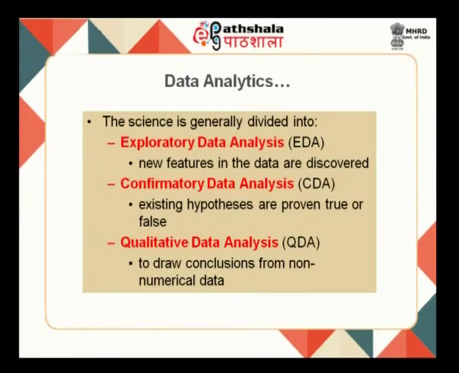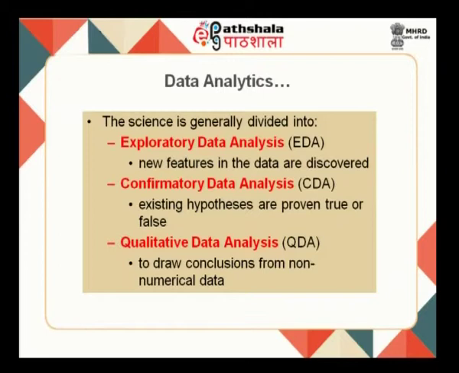The second type is confirmatory data analysis. In confirmatory data analysis, we try to prove certain things. There may be a pattern that is available in the data and we try to prove it. How exactly do we prove it? We propose a hypothesis. The hypothesis talks about a pattern and we prove whether the hypothesis is true or false.